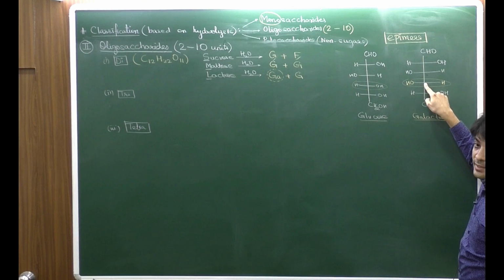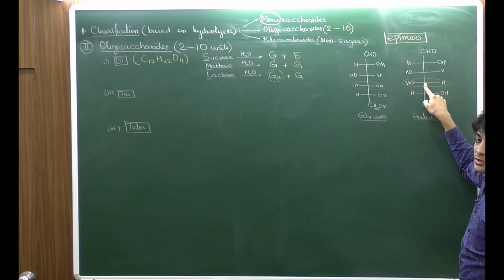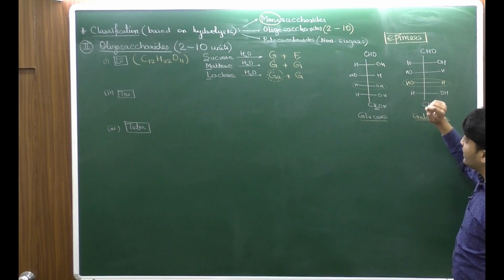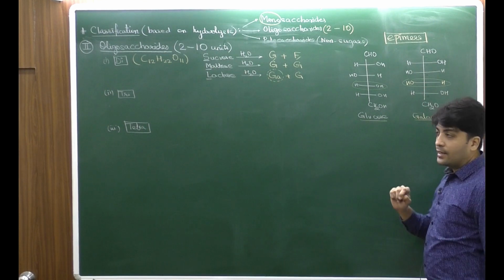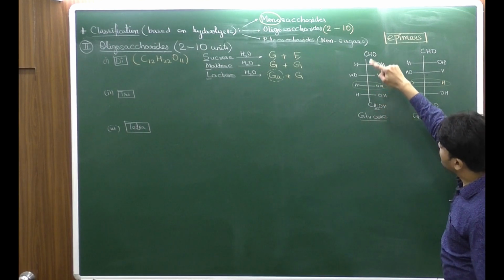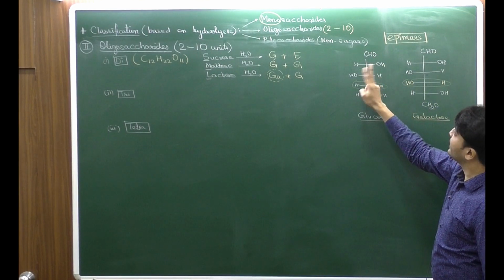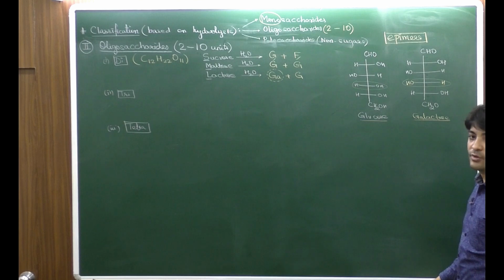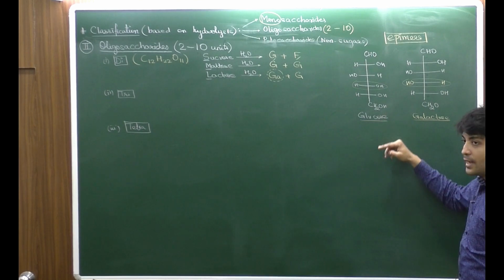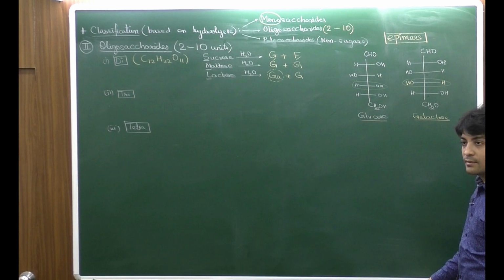Such stereoisomers, which have a difference in configuration of only one chiral center, are called epimers. Understood? Similarly, there is mannose. Mannose has the same structure as glucose, only the OH on the second carbon is on the left, so that is also an epimer. Understood?